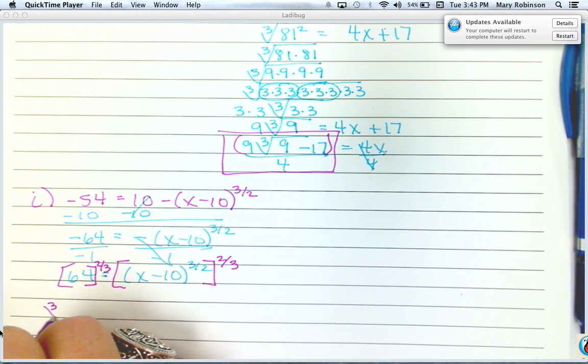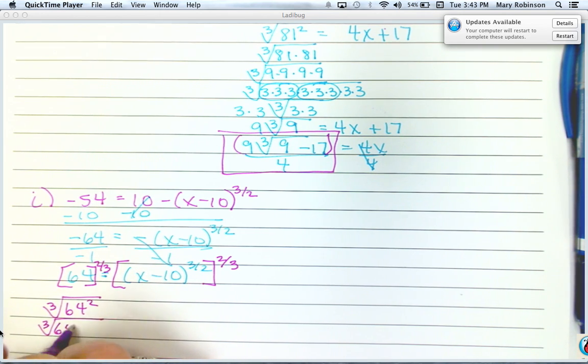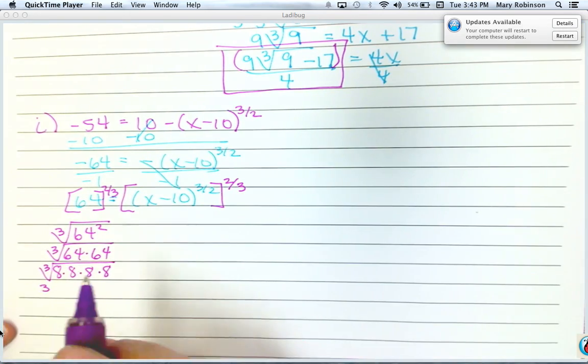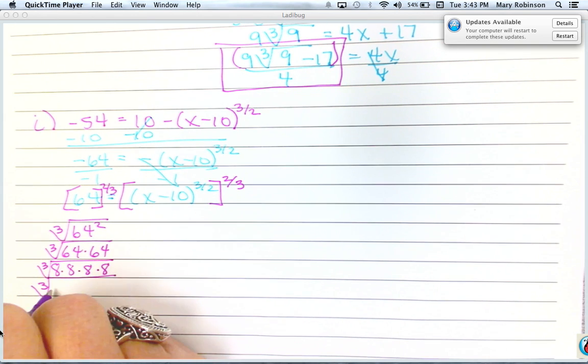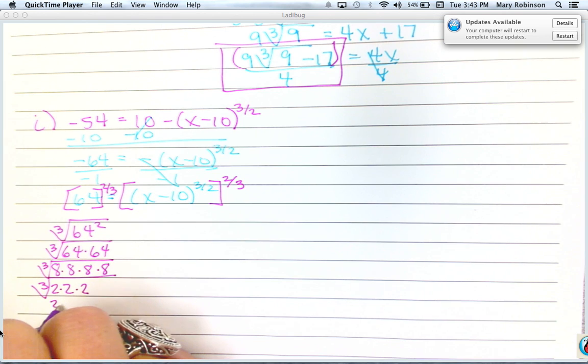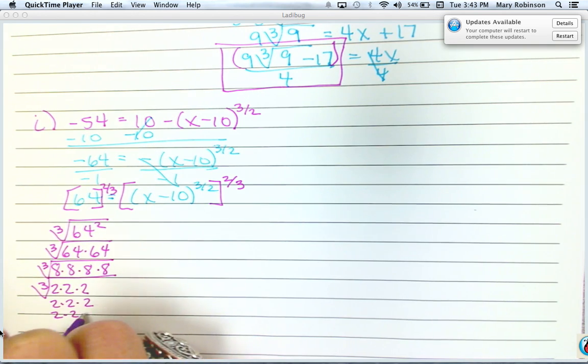So this is the cube root of 64 squared. That's 64 times 64. 8 times 8 times 8 times 8. Two times 8, each 8 is 2 times 2 times 2.